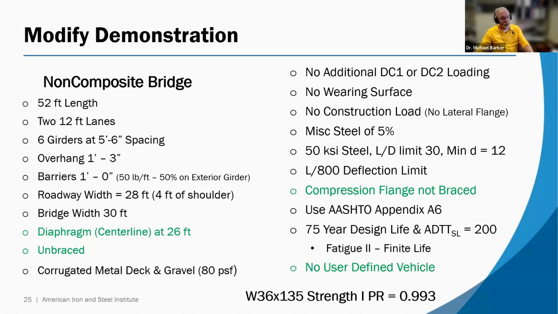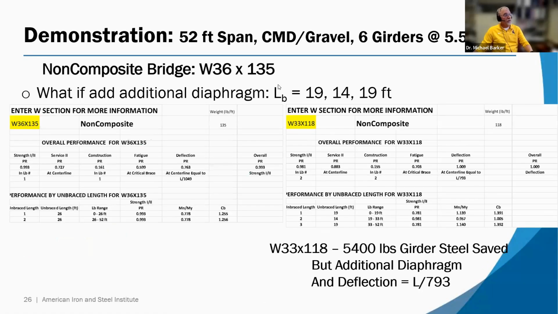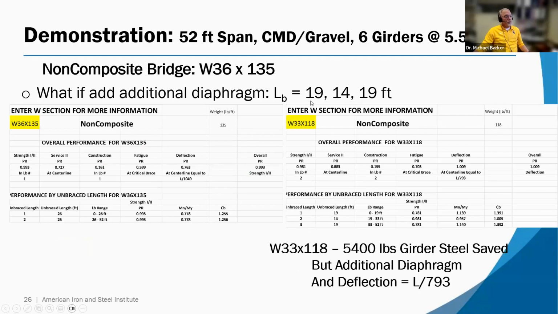And of course, we did not put a user-defined vehicle on this. And so here, right up here, I'm saying I am going to put in one additional brace. So instead of two unbraced lengths of 26 feet each, I'm going to have 19, 14, and 19, which is going to improve my lateral torsional buckling capacity.